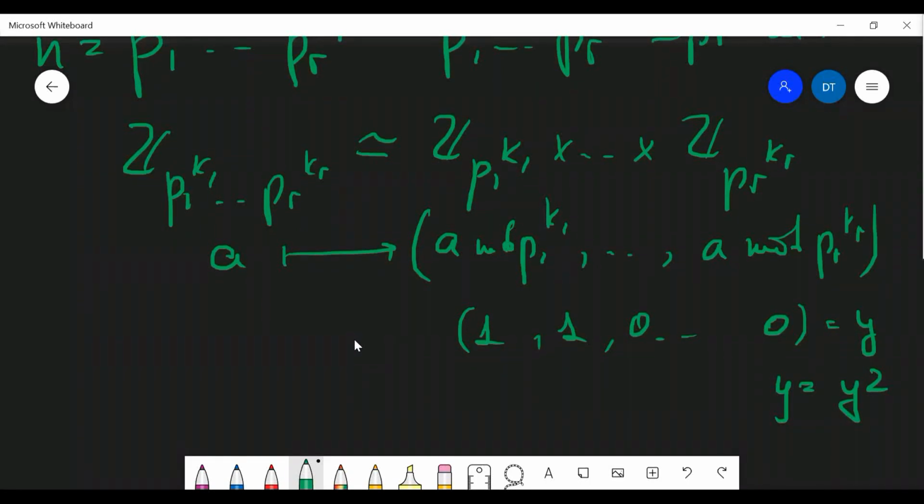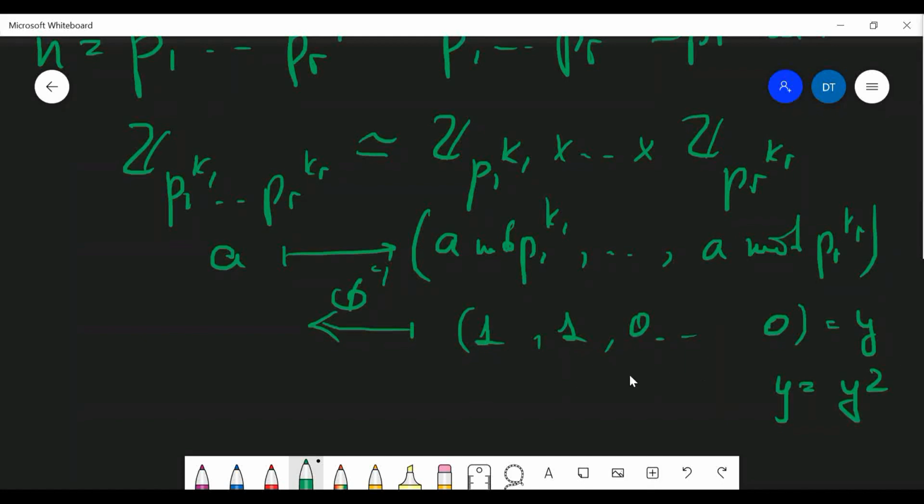So this is an isomorphism of rings. The left ring is exactly the same as the right ring. So since the element on the right-hand side is idempotent, then after applying the inverse map, it becomes an idempotent. So the answer is that all the idempotents of this ring appear as the images of the elements of this form here.